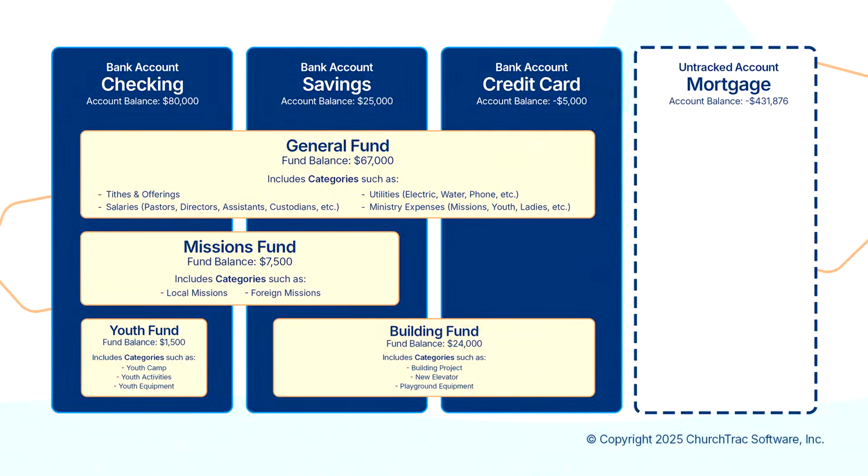When you look at this, you can see that you have multiple bank accounts here, and now this updated chart is showing the untracked account as well, but your general fund exists across all three bank accounts. You don't need a separate checking fund and a separate savings fund and a separate credit card fund. You just use the general fund or you use the missions fund and you can spread it across multiple bank accounts. That's the beauty of that.